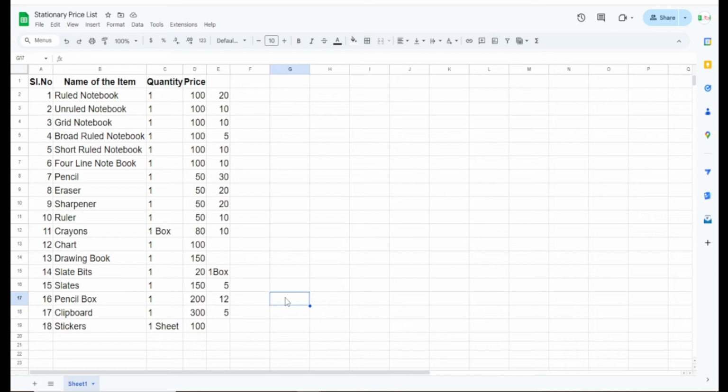We are making a value for the stationery, and that is the reason we have set it at a higher cost.